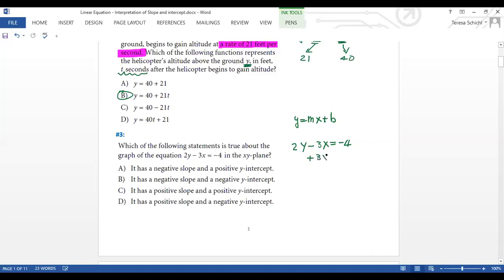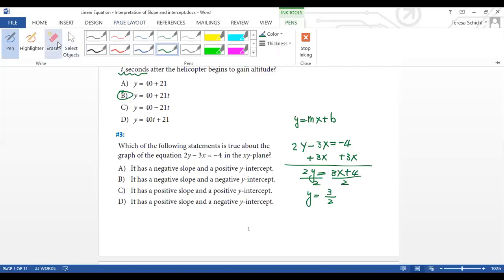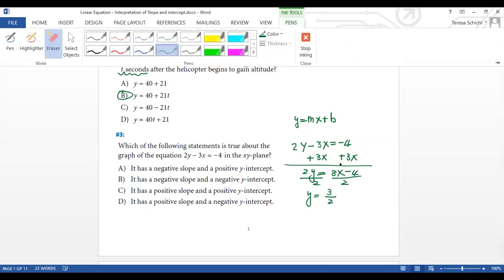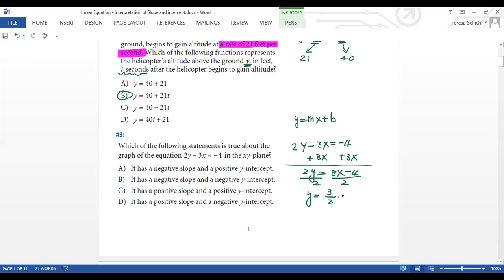So I add 3x to both sides: 2y equals 3x minus 4. Oh, I wasn't careful here, this is negative. Then I divide by 2.